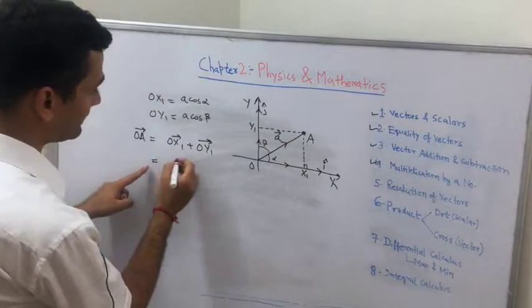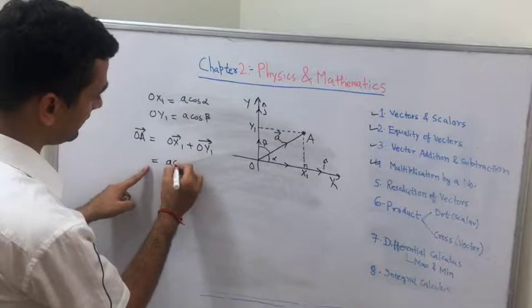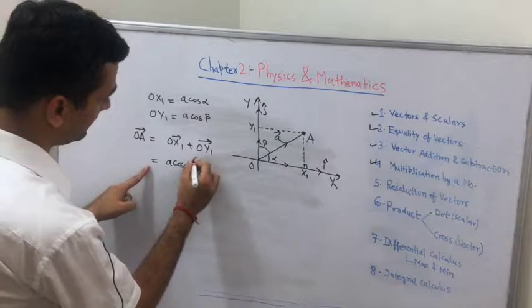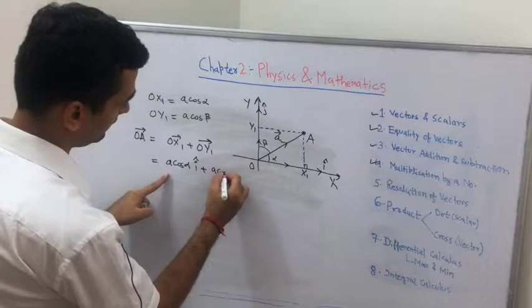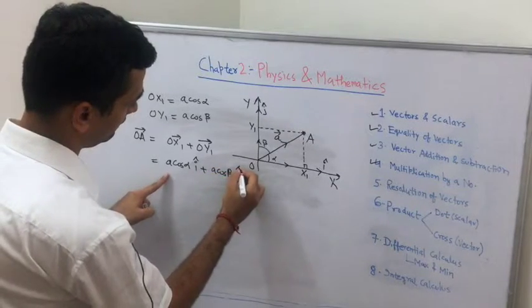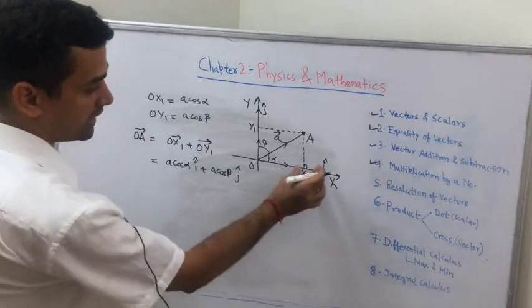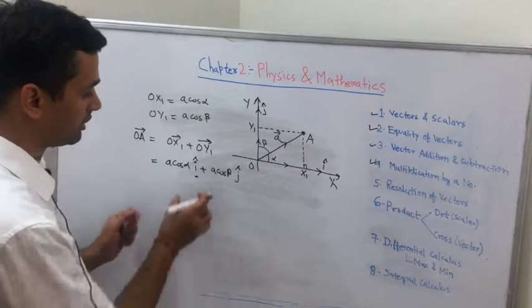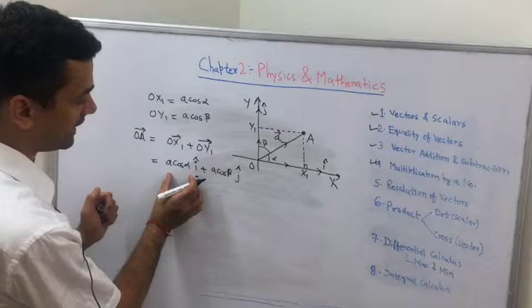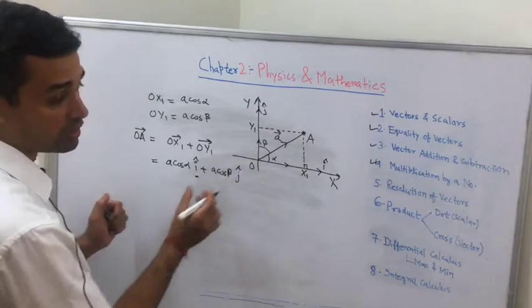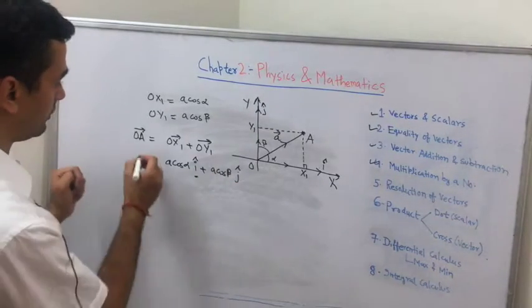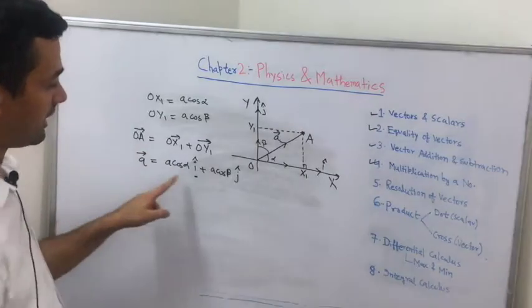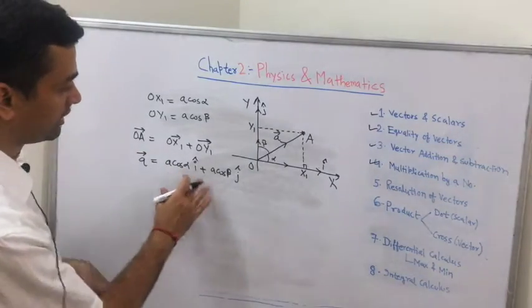So I can say OA is A cos alpha i plus A cos beta j, which is quite simple because i is giving the direction and A cos alpha gives the magnitude. This is the component along x and this is the component along y. So A can be resolved like this.